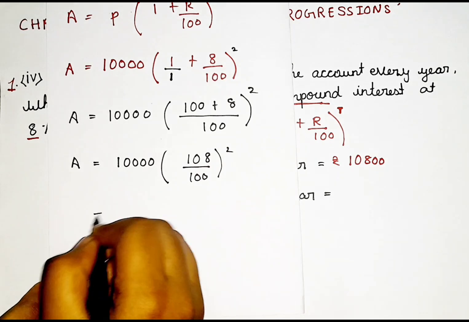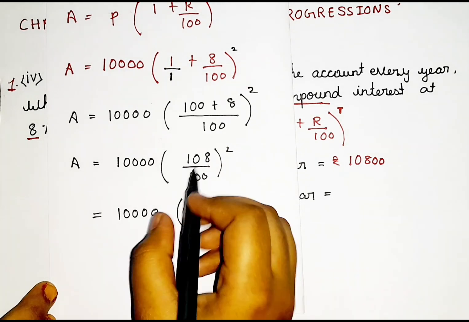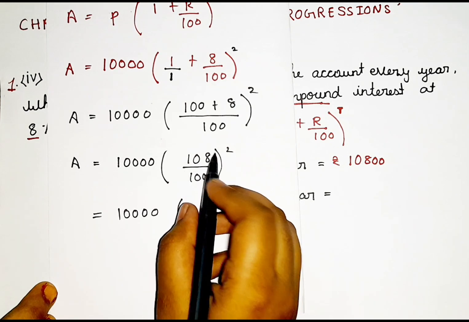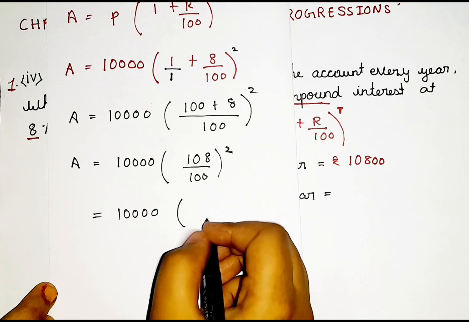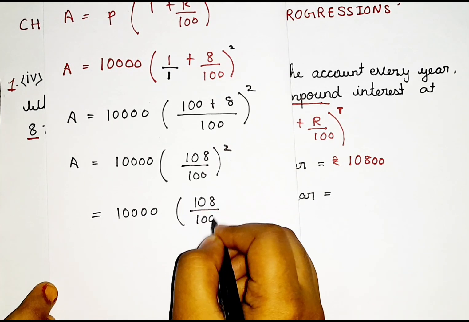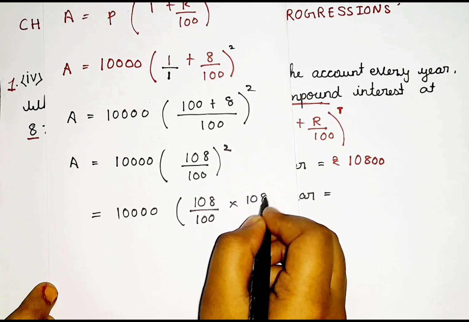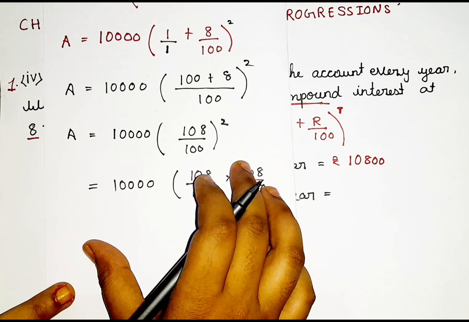Okay, so is equal to 10,000. So here now we have 108 divided by 100 the whole square. Here it is 2 means here it is square, right? So we can actually write 108 divided by 100 into 108 divided by 100. Since we have square, we are supposed to write it like that. Okay, alright.